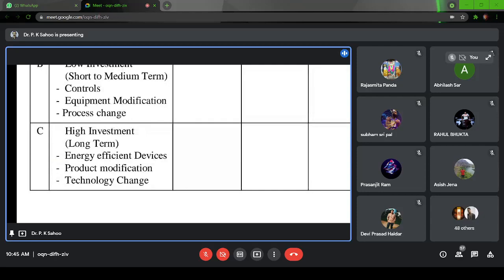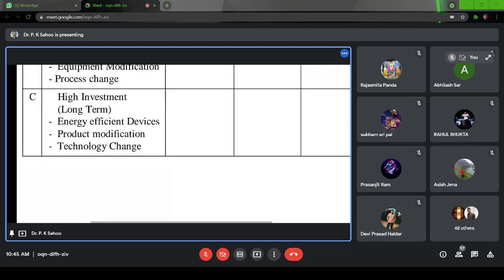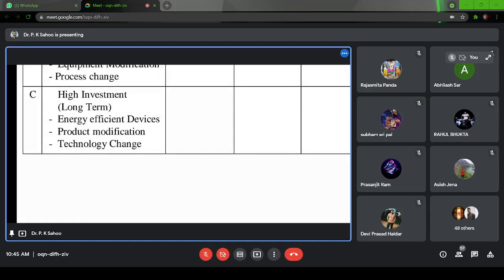And the last one is your process change. What is process change? There are three types of changes, three parts in the process change: current state, transition state, and future state.